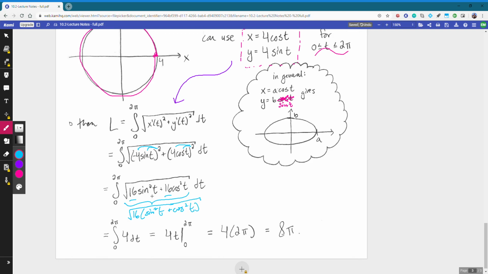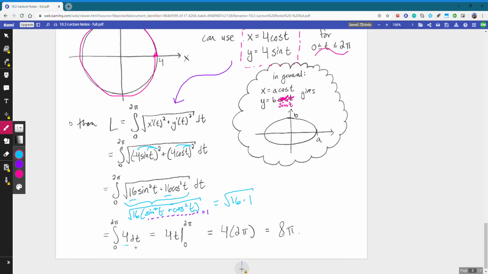And hey, this is something that we've seen before. Right, our sine squared plus cosine squared, that's a nice clean 1. And so this boils down to root 16 times 1. So just root 16, which gives us a nice clean 4 to integrate.